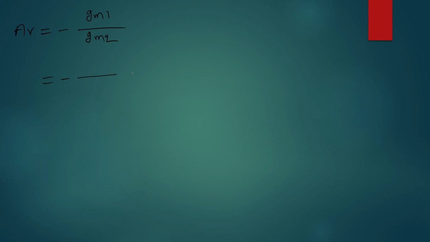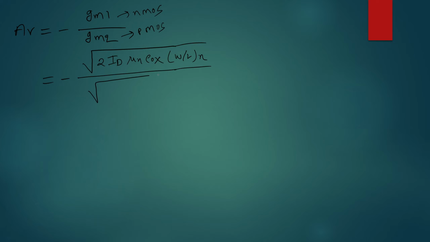You know that GM is equal to square root of 2 mu COX W by L times ID, with GM1 for the NMOS and GM2 for the PMOS. So you can write square root of 2 mu n COX W by L of N ID divided by square root of 2 mu P COX W by L of P ID.